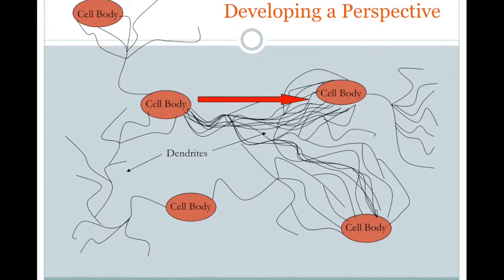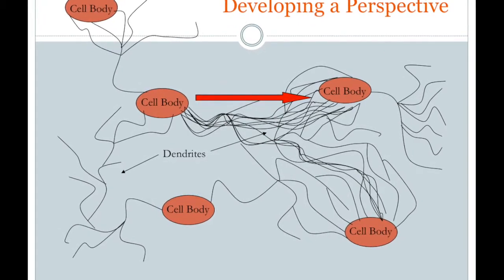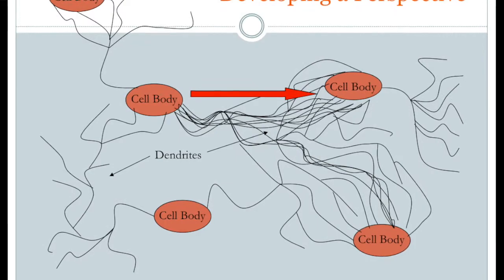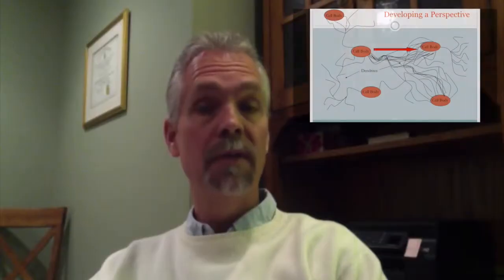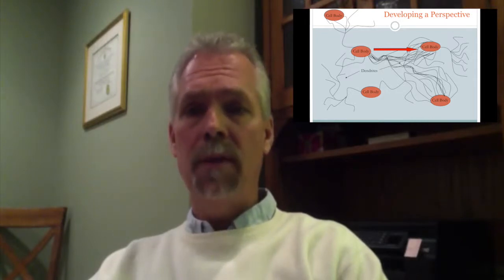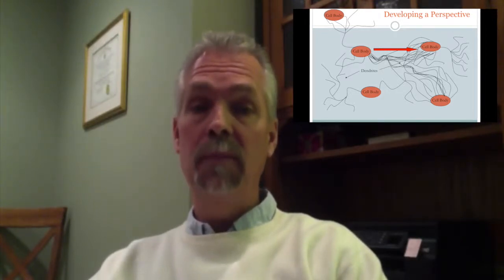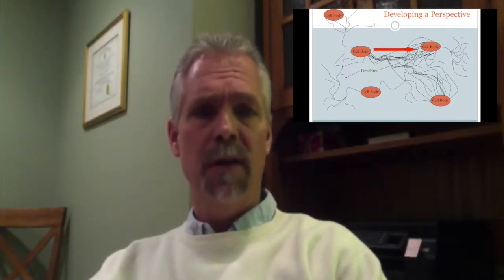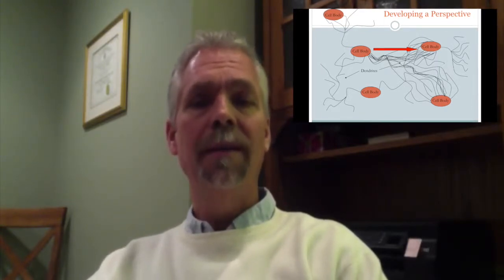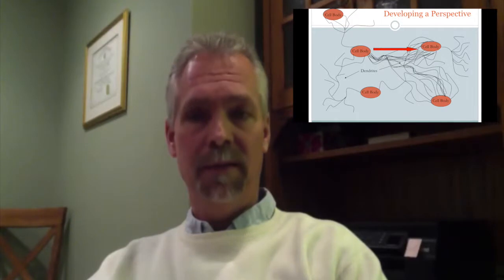On this slide, the red arrow indicates where a new distinct pathway is beginning to form, as a new thought or set of thoughts is repeated. Now, it could be one dominant thought that is repeated all the time, or a combination of thoughts, a thought pattern. And we'll call this thought a perspective.